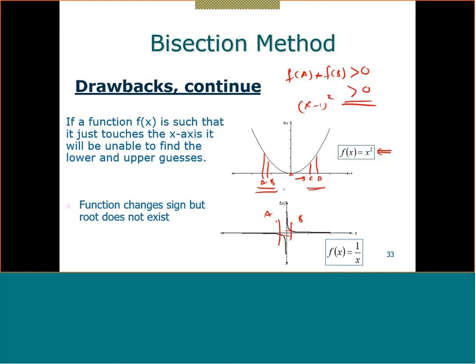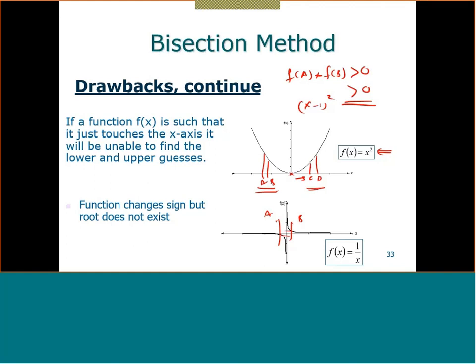So you will never ever be able to find the root. This is misleading. It gives you an indication that there is a root between a and b, but actually it doesn't have a root. Okay, so these are the main drawbacks of using the bisection.